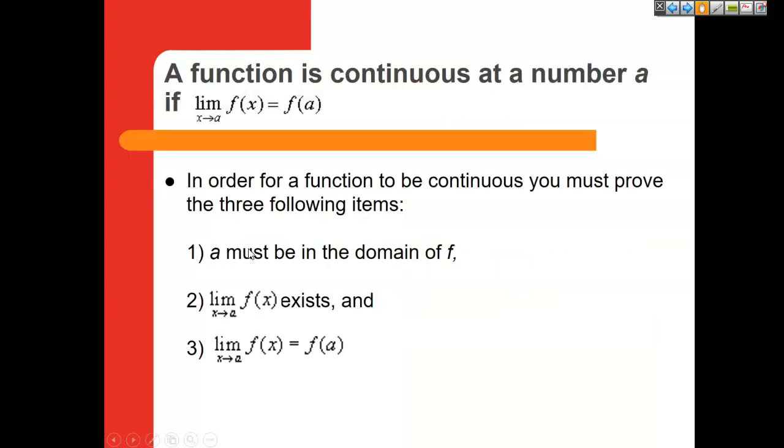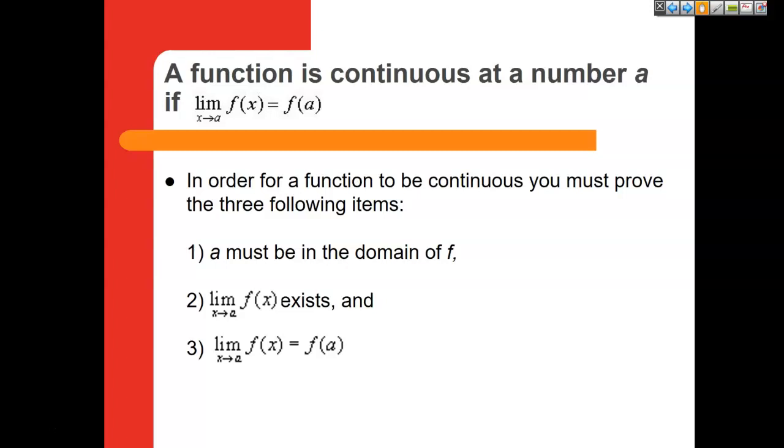There are three conditions that must occur in order for a function to be continuous. The first condition is that the function point we care about is in our domain.